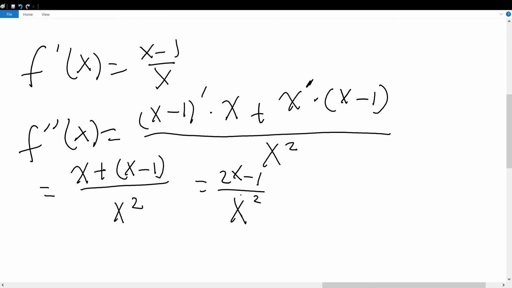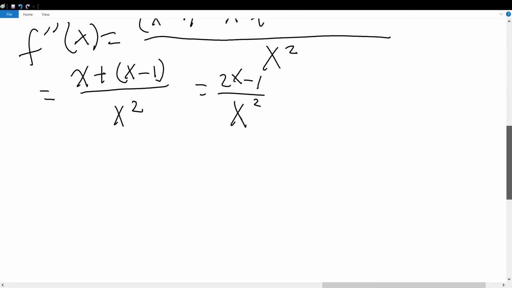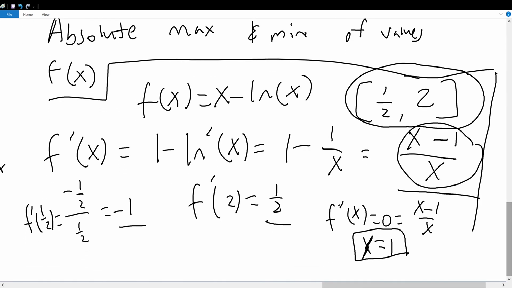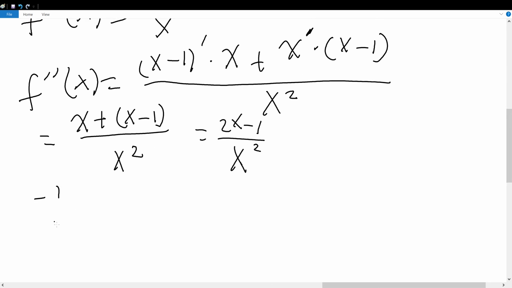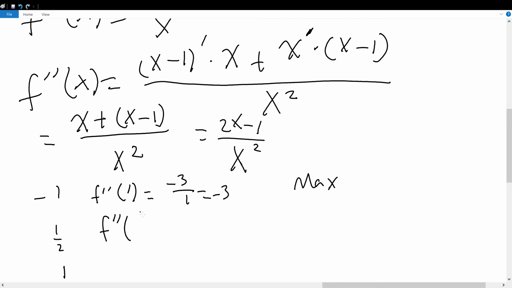And what we do is simply plug in the numbers we got: -1, half, and 1. So when x is -1, we plug it into f double prime and get -3 over 1, which would be -3. So we know this will be a maxima of some sort, but we don't know if it's absolute yet. f double prime of half gives us 1 minus 1, which would be 0.